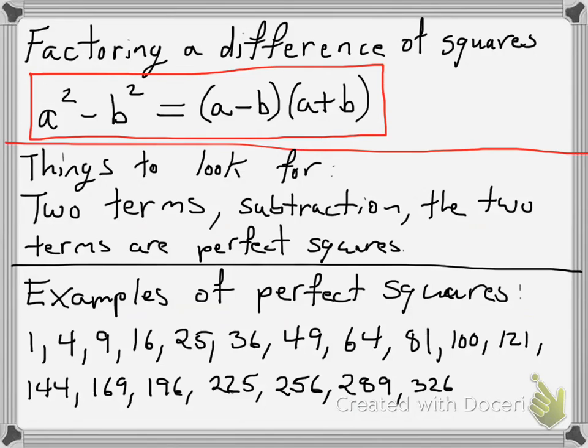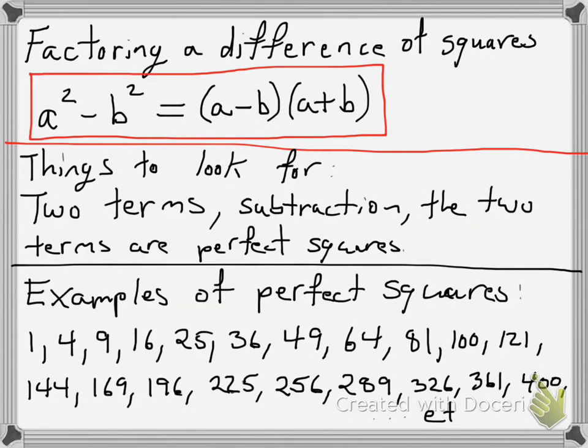Okay, so there's the first big batch of perfect squares. So I would be looking for these numbers. Typically, you're probably going to see everything maybe 144 and below, maybe 169. So if I'm looking for these numbers, and if I see these two numbers, and there are two terms, and I'm asked to factor, or some of those other instructions that you'll find further along in college algebra, I would think maybe it's the difference of squares.